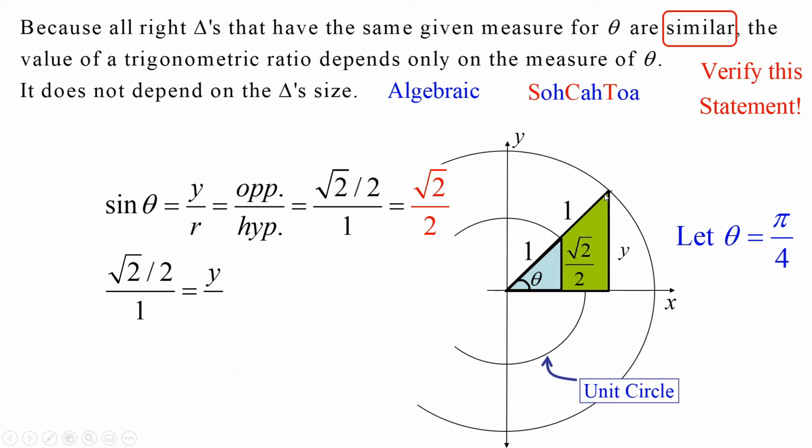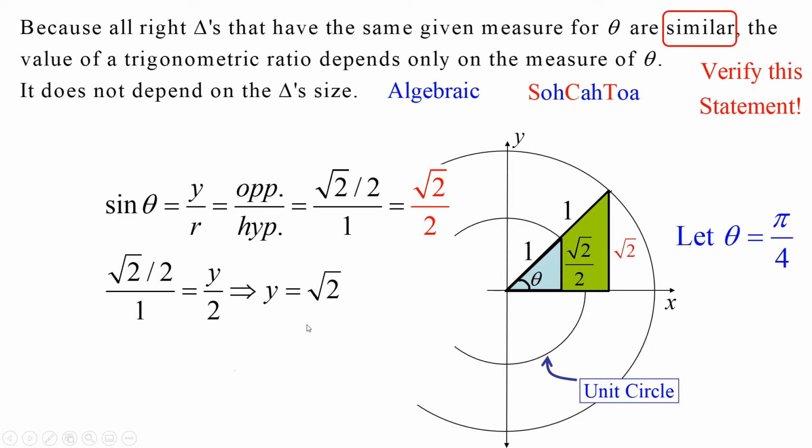And that radius right there, or hypotenuse of that right triangle, is 2. Okay, well, let's solve this for y. So that implies y equals, well, if I multiply both sides by 2, I get root 2 over 2 times 2, so y equals root 2. All right, awesome, root 2.